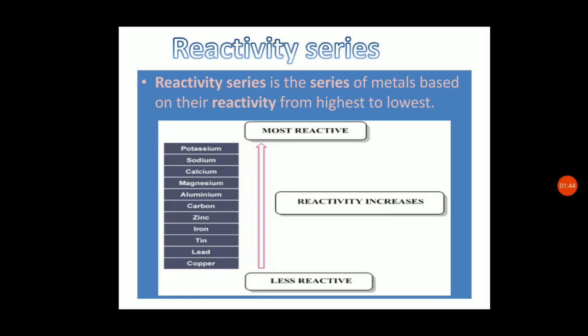So you have to remember this series in this order only. Potassium is more reactive than sodium. Sodium is more reactive than calcium. Calcium is more reactive than magnesium. Magnesium is more reactive than aluminium. Likewise it continues. So you have to remember in this order.